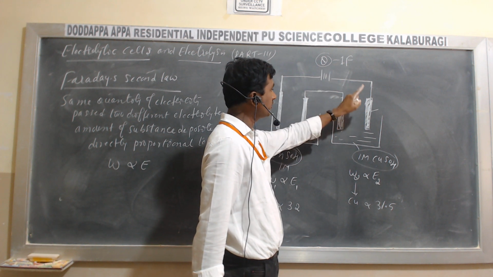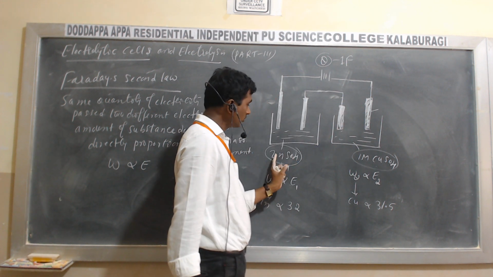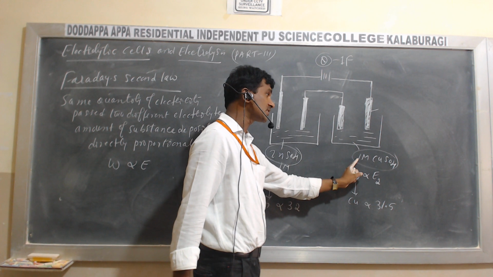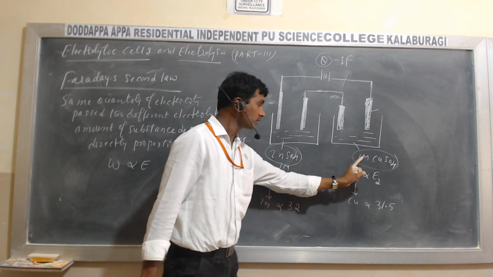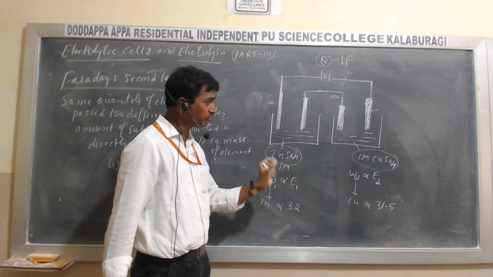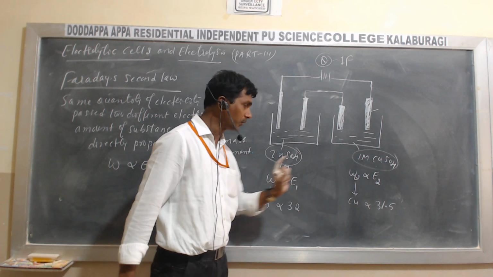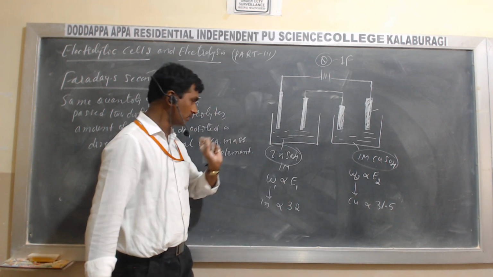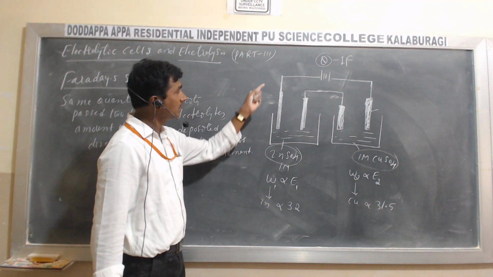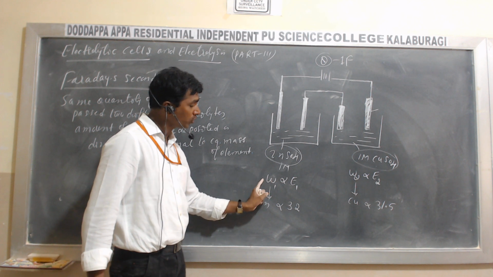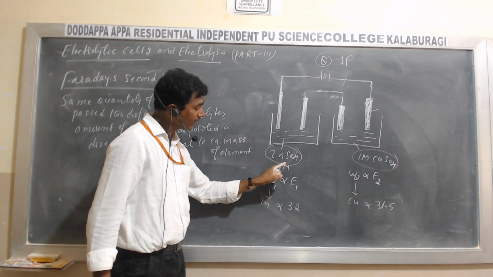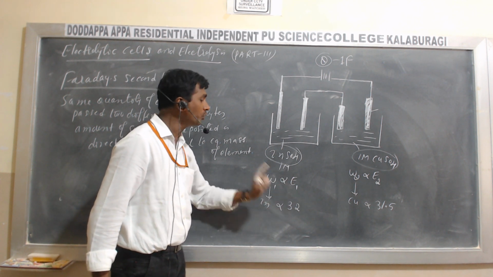So the quantity of charge supplied between the zinc sulfate and the copper sulfate is the same, but the deposition of copper and zinc is different, not 32, not 31.5, because the charge is the same, but the amount of substance deposited at an electrode is directly proportional to equivalent mass.